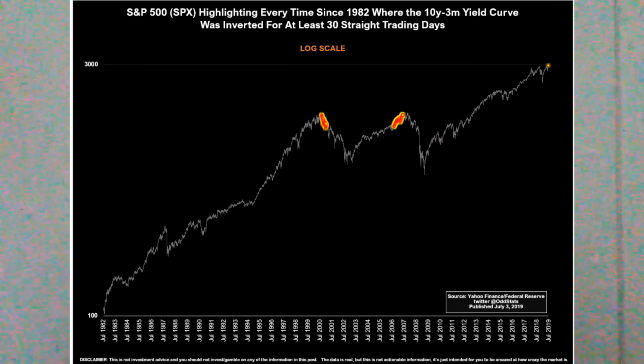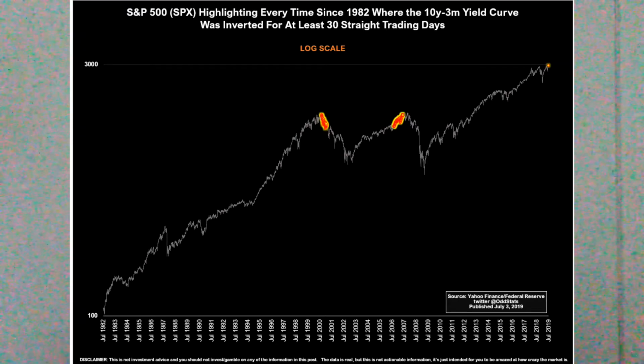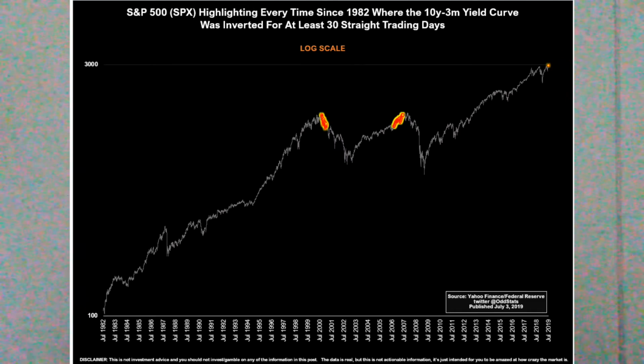And as you can see on the chart here, this inversion pattern ultimately led to the 2001 bear market and recession, and also was a good leading indicator to the 2007-2008 global financial crisis. And where we stand now, as I said, this is the 30th straight day as of yesterday.